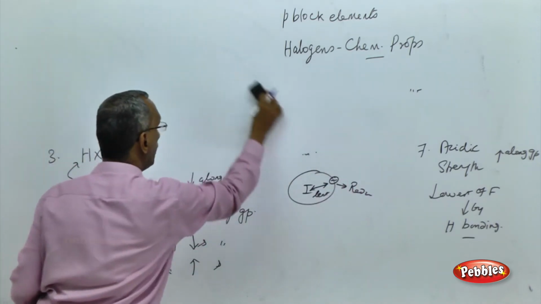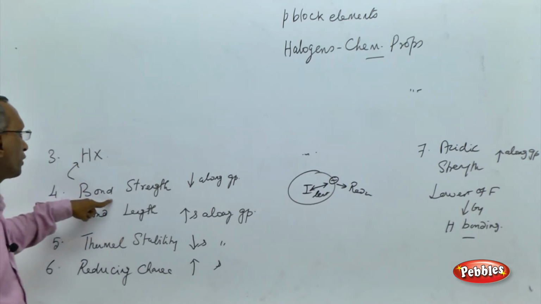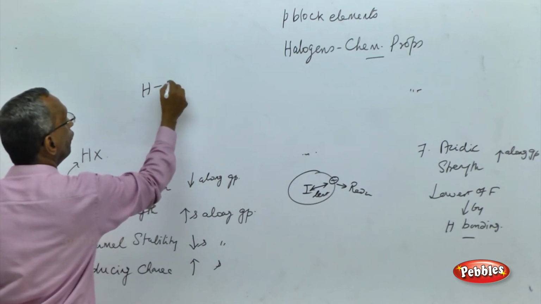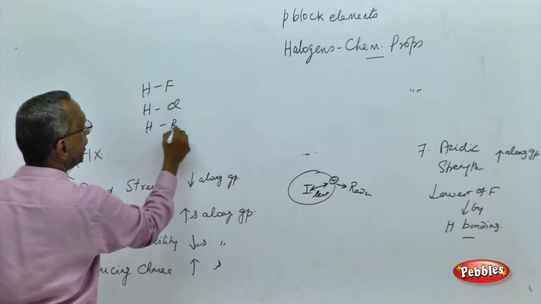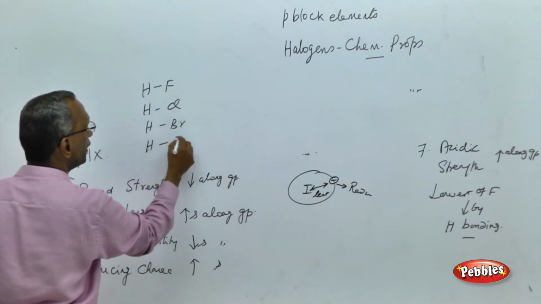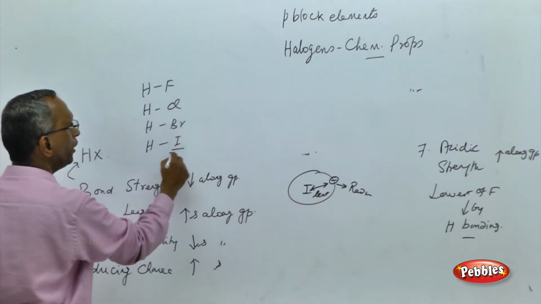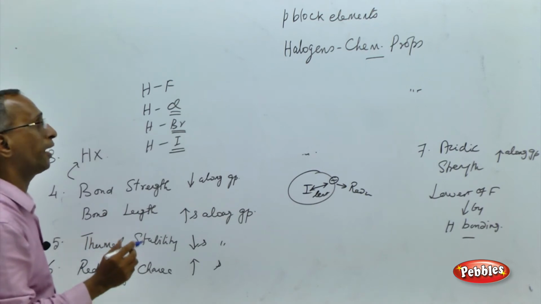Next, all these properties are of hydrogen halides. Bond strength. You compare the bond strength of HF, HCl, HBr, HI. What is meant by bond strength? Capacity to remove the iodine or bromine or chlorine from HX.